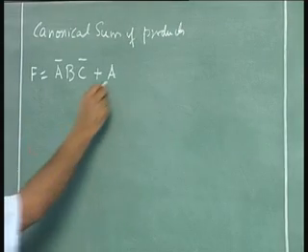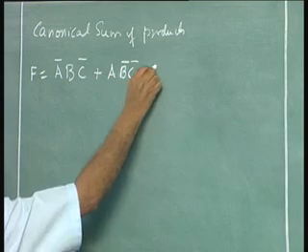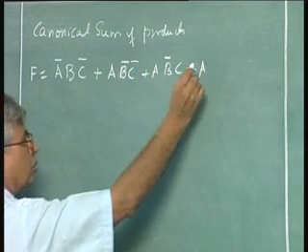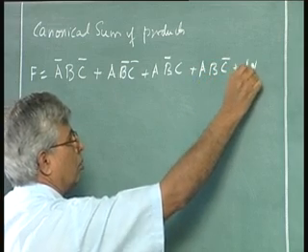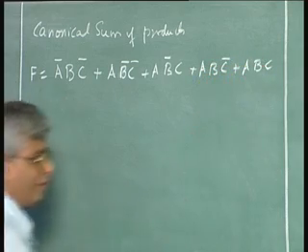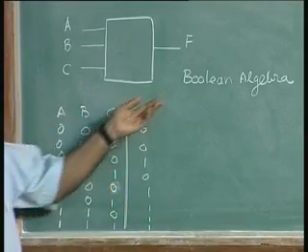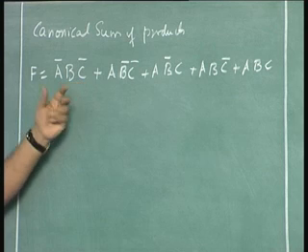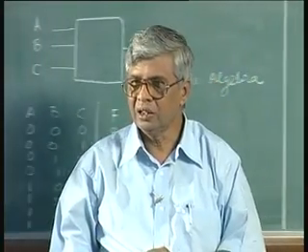So, A true, B not true, C not true, A true, B not true, C true, A true, B true, C not true, A true, B true, C true. These are the 5 combinations of inputs, true or not true, for which the output is true. The other combinations are the combinations for which the output is false.